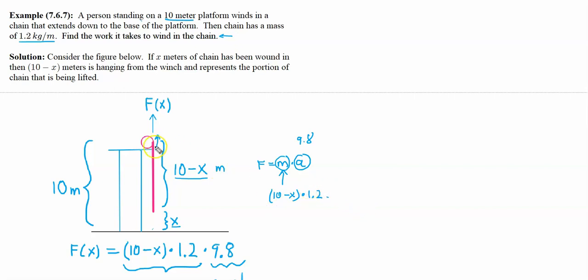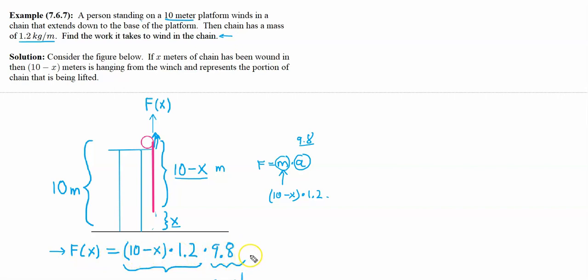If you're standing up here trying to pull this chain upward, the mass is 10 minus x times 1.2, and then you multiply by the gravitational acceleration near the surface of the Earth. That tells you how much force you have to apply. So down here we have that force function, and you see this is a function of x.